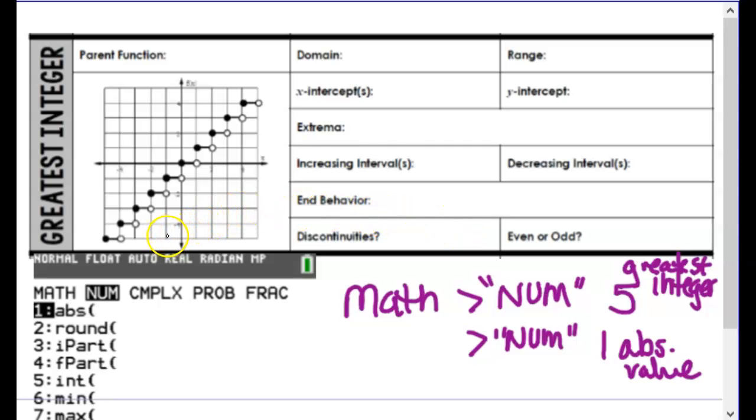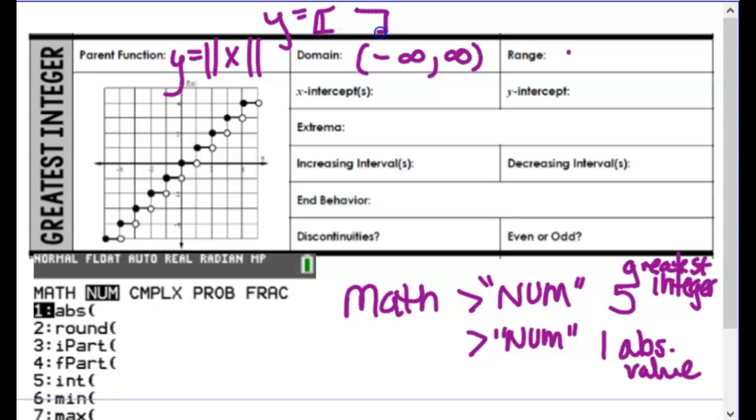All right. We're not going to get too carried away with all the complexities of this. The domain is all real numbers. Some books will write it with a double absolute value, and some use a parenthesis with a double.